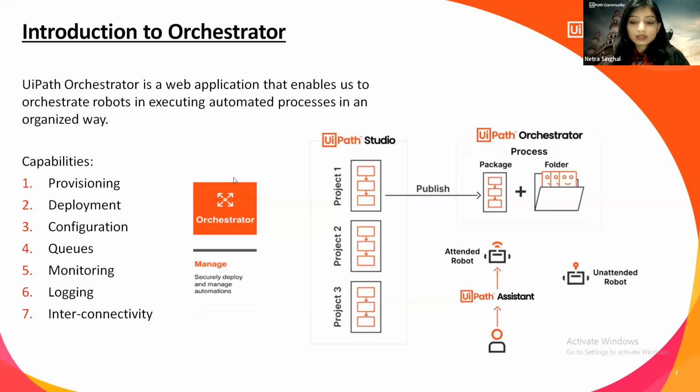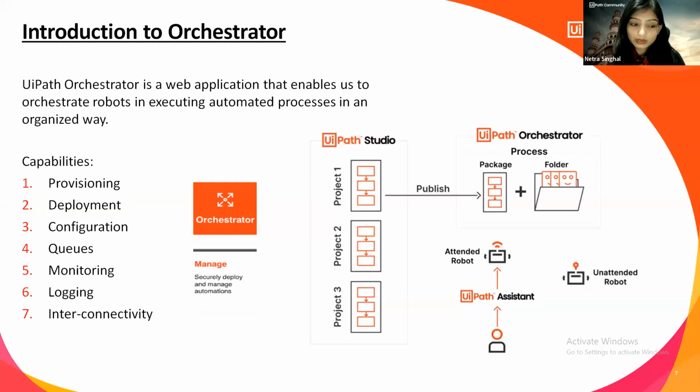Deployment: everything, as you can see in the diagram, is published here, so deployment is done from orchestrator. It helps us in the correct delivery of the package versions to the assigned robots for execution. Third is configuration. Orchestrator will help you in maintaining and delivering robot environments and process configuration.